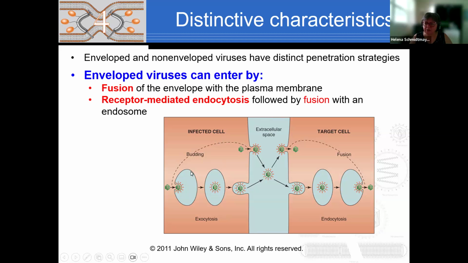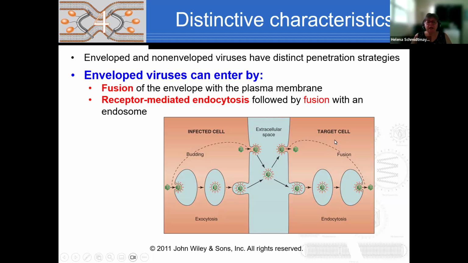We discussed before the budding and release of virions, and you can see it's more or less the opposite mechanism to exit from the cell. Some viruses exit by exocytosis and they might enter by endocytosis. They bud from the membrane and they can enter by fusion of the envelope.